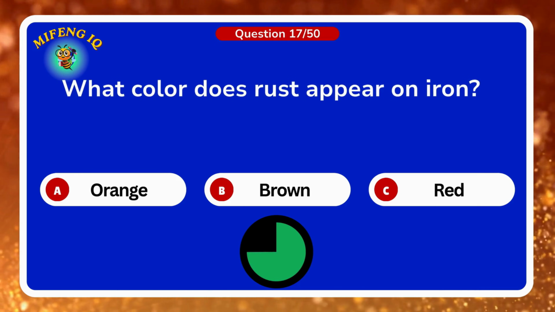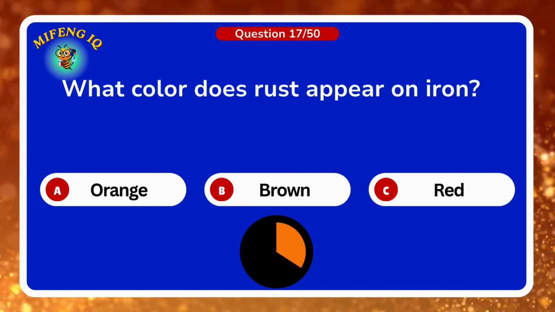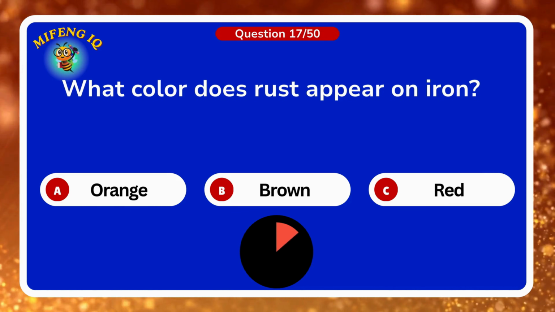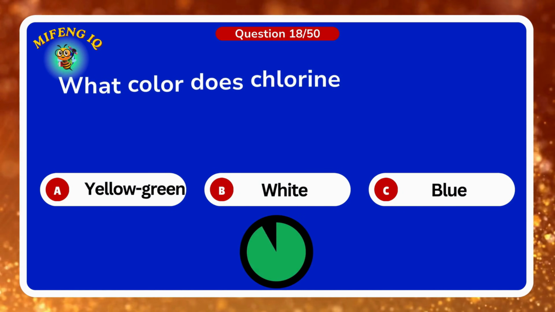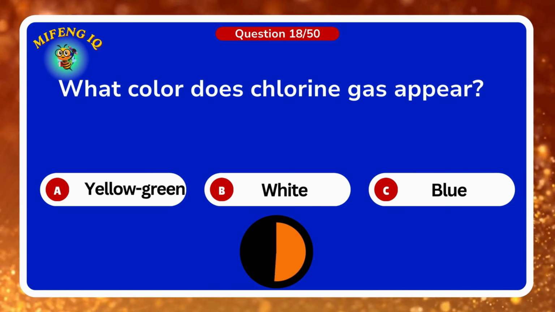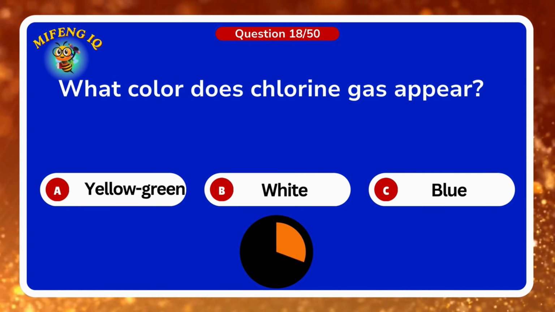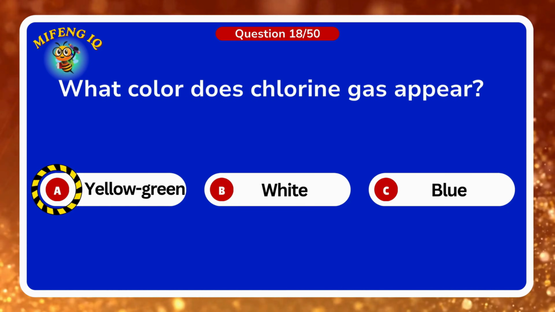What color does rust appear on iron? Red. What color does chlorine gas appear? Yellow-green.